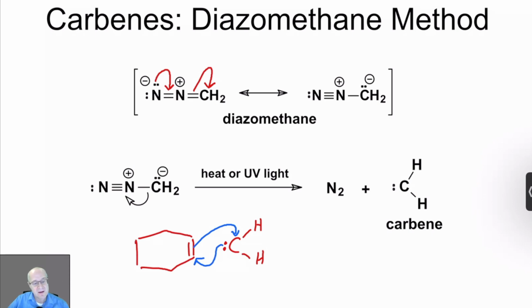It's very similar to what we saw in the chlorine addition to a double bond, where the double bond attacks the chlorine, the lone pair from the chlorine attacks the alkene, and the second chlorine leaves, although here we don't have the second chlorine leaving. And this is all going to happen on the same side of the double bond. So it's going to be a syn addition. And there you go. So that's the addition of carbene formed by diazomethane.